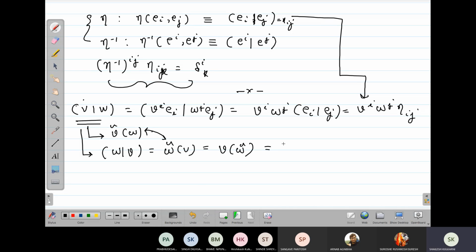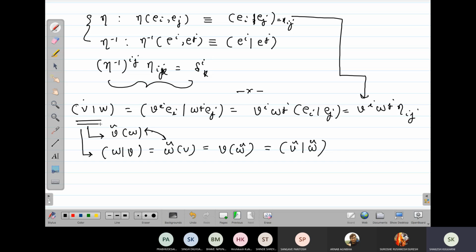But this is nothing but V tilde W tilde. Then you apply the same logic here, then you will get eta inverse upper ij. And you argue that this should hold for all V and all W. It is not any particular V and W.